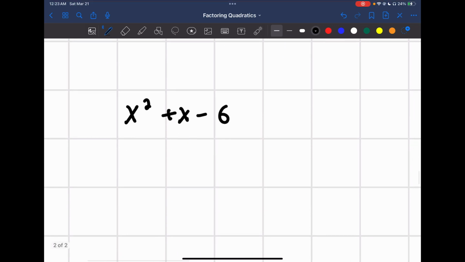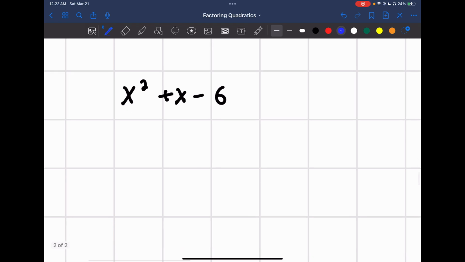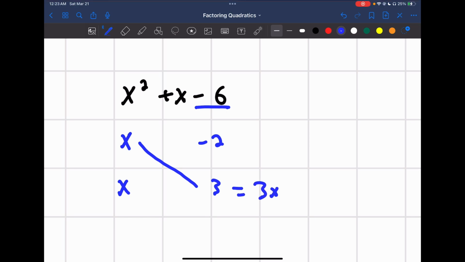In our next example, we have x squared. So x times x is x squared. Minus 2 and positive 3 is equal to minus 6. So x times 3 is equal to 3x. x times minus 2 is equal to minus 2x.